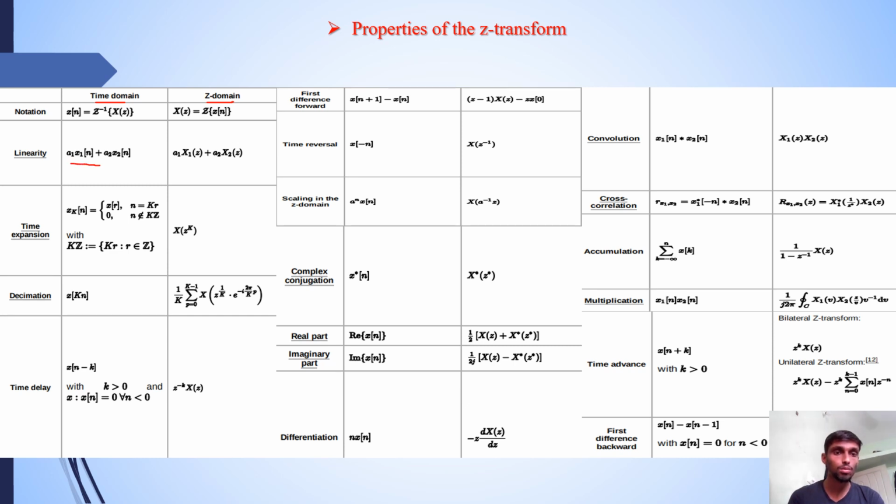The linearity formula is taken as a1 x1 of n plus a2 x2 of n, which is defined in the Z transform as a1 X1 of z plus a2 X2 of z, and time reversal x of minus n is equal to X of z power minus 1. These properties go from time domain to the z domain.